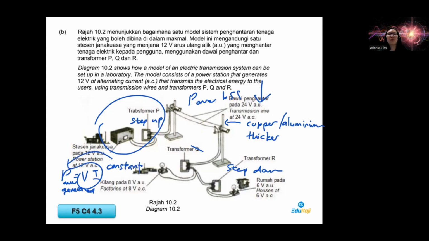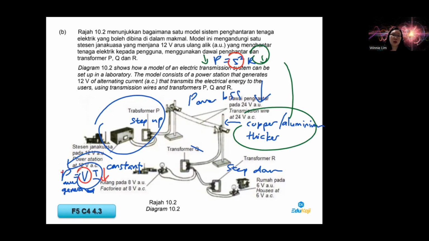But the power loss formula, we normally use P equals I squared R. So like I say, you want to reduce power loss, either you reduce the resistance, like in this case, or you reduce what? You can actually reduce current. So you see, when I want to reduce current and P is constant, what happened to your V? You have to increase a lot. That's why you need to step up first. So now you have some basic idea on the whole transmission line, and then we see what the question wants.